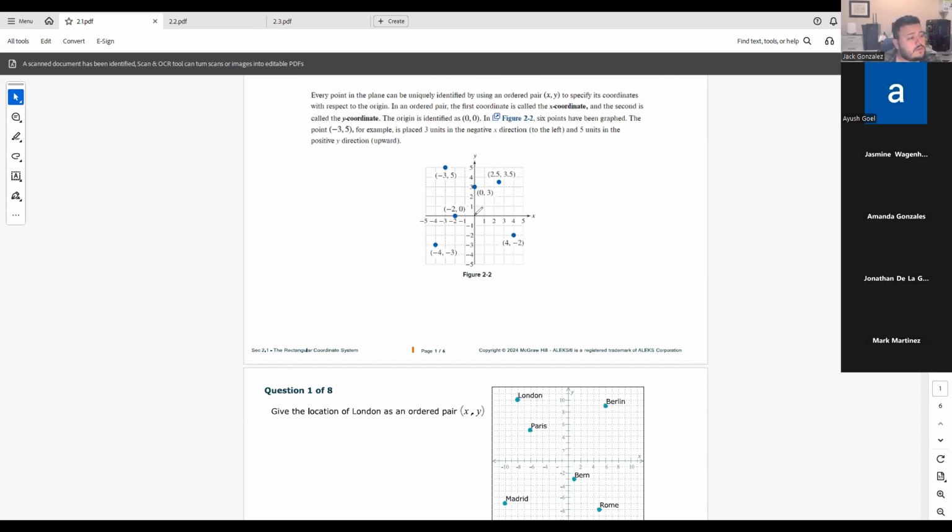You can see that we went 3 to the left. The first one is always X. The second one is always Y. So you went 3 to the left and then we went up 5. One, two, three, four, five. So it's always going to be X first, comma Y.